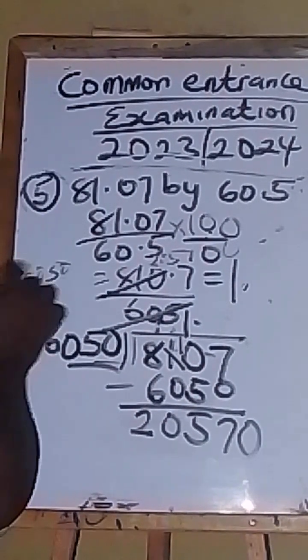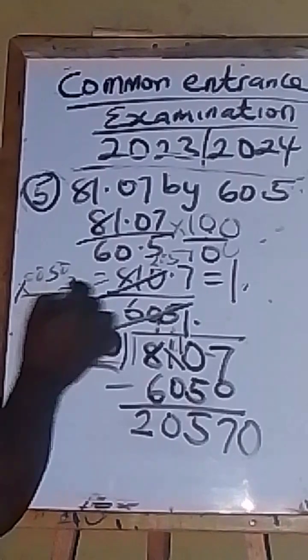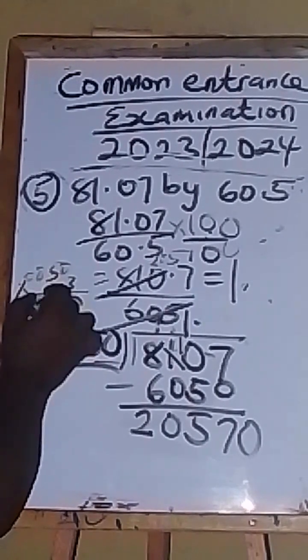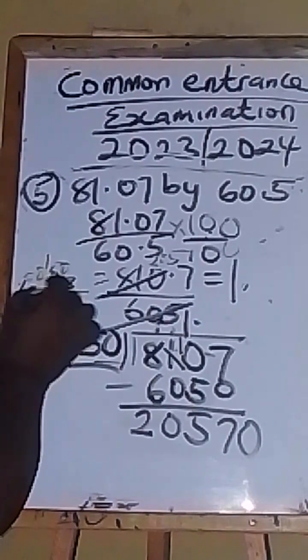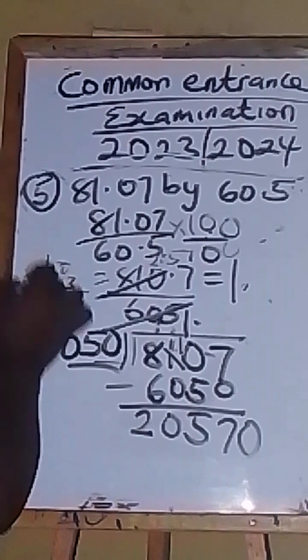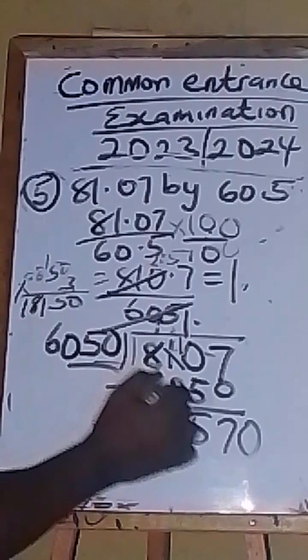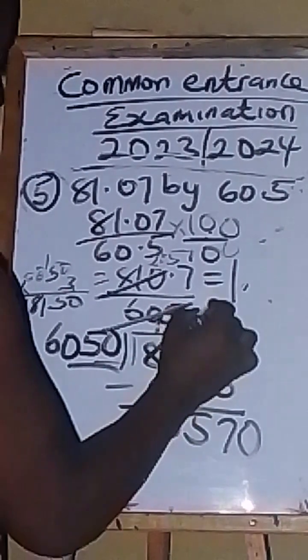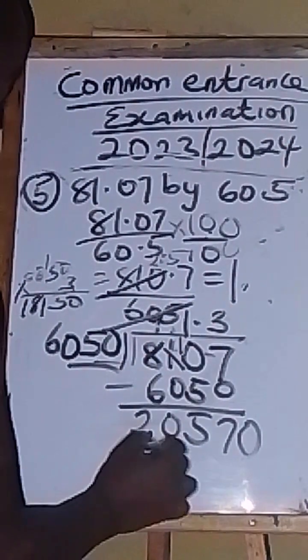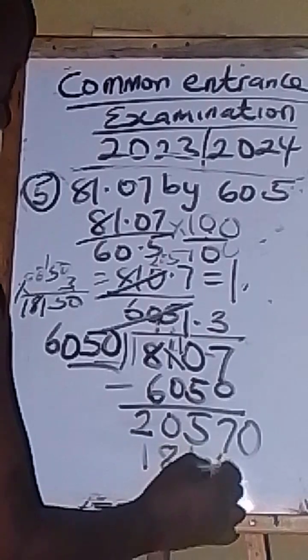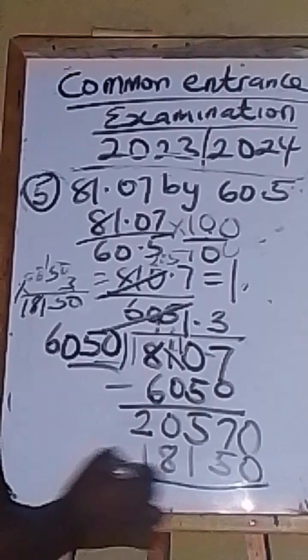6050. When we multiply it by 3, we have 0. 3 times 5, we have 15. 1. 3 times 0 plus 1. 1. 3 times 6, 18. So we have 3 here. So we have 18150.